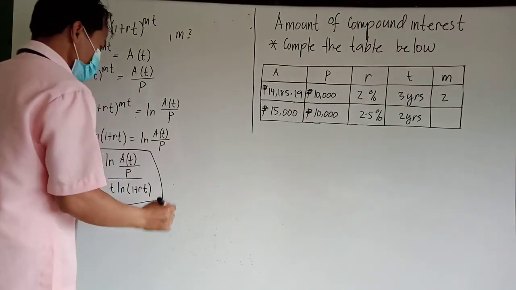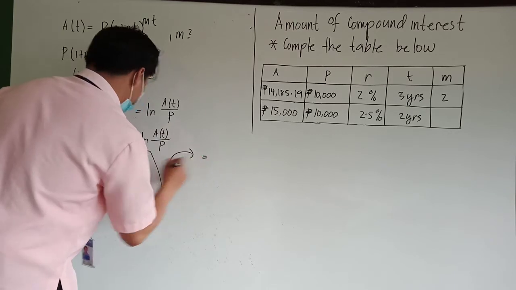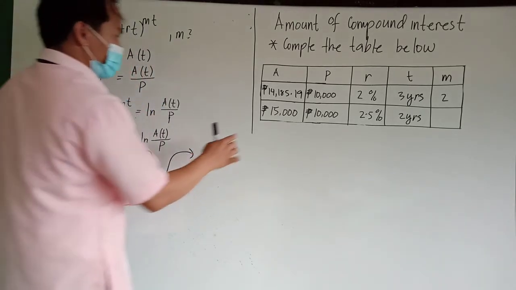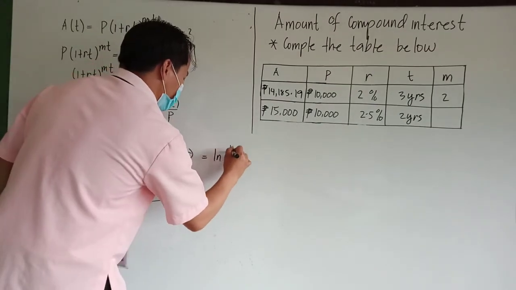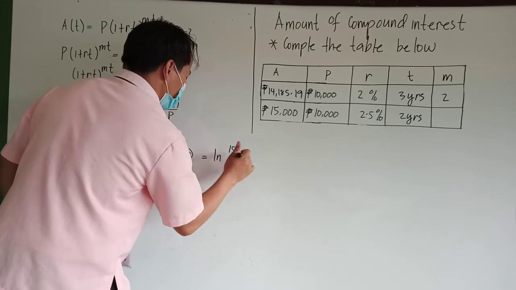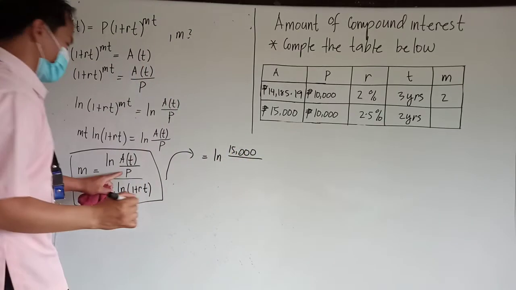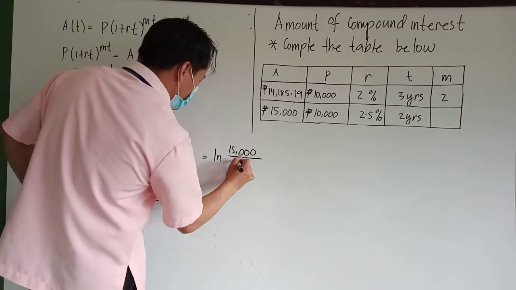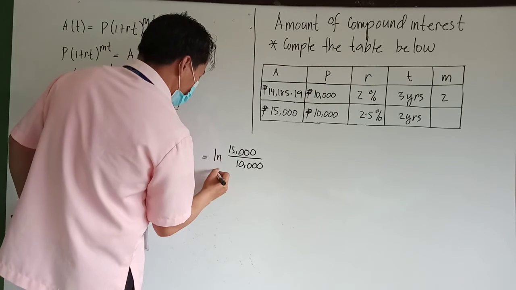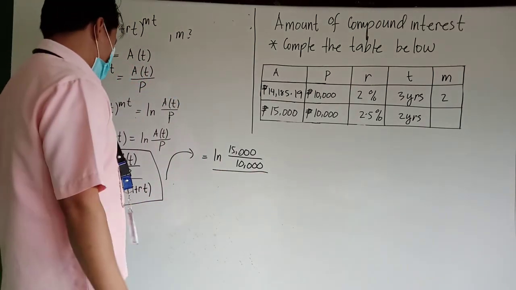First, okay, from that also, we know that M is equivalent to ln of A of T, which in here is 15,000. So we have 15,000 over P, the principal is 10,000, over T, we have T times ln of 1 plus rate times time.